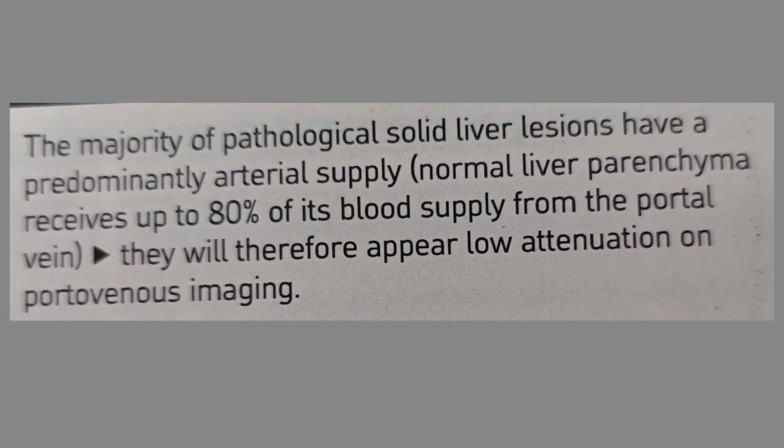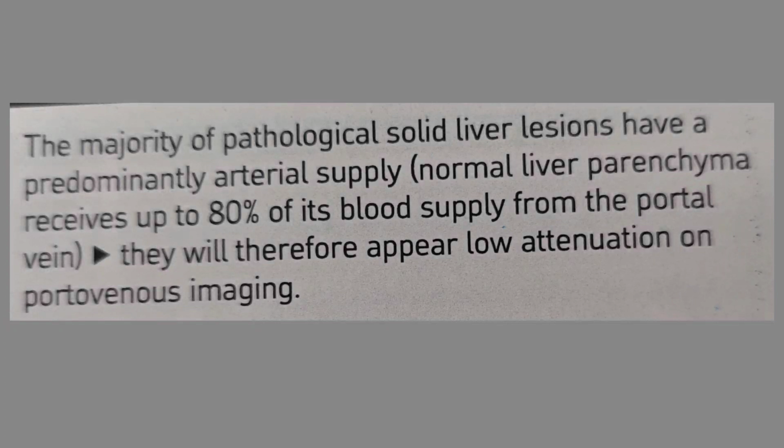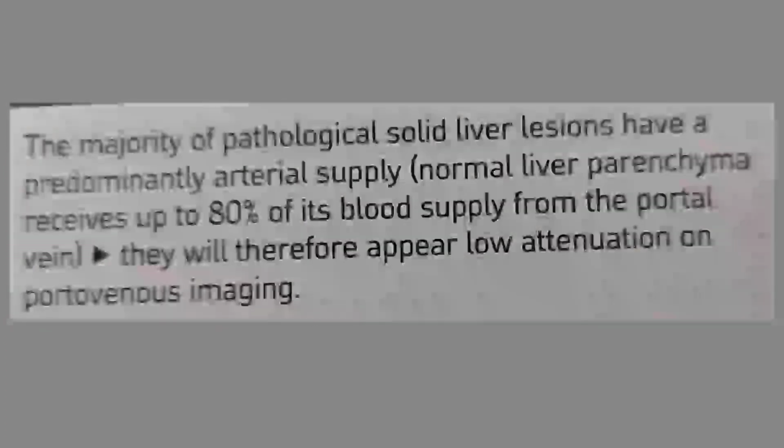Now contrast enhanced CT detects and characterizes focal lesions, especially using a combination of early and late arterial phases, so you can pick up the abnormality or pathology with portal, late and delayed imaging. One important point worth noting is that the majority of pathological solid liver lesions predominantly have arterial supply, so you can use contrast enhanced CT to look for the arterial supply.